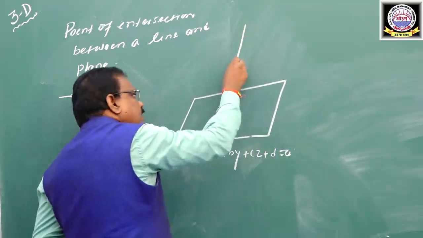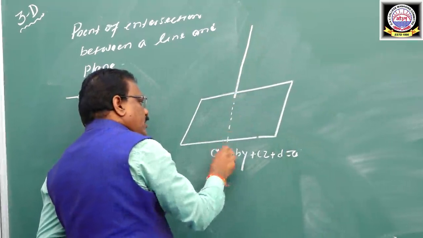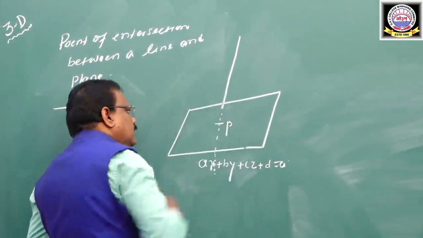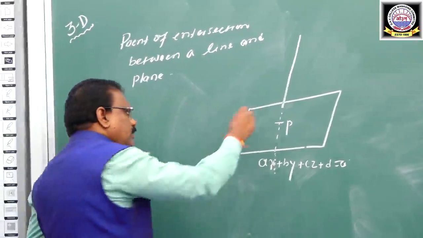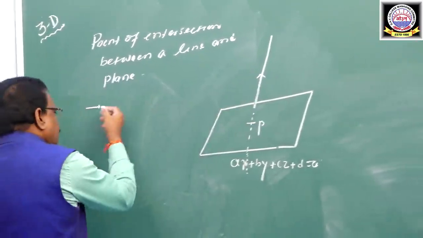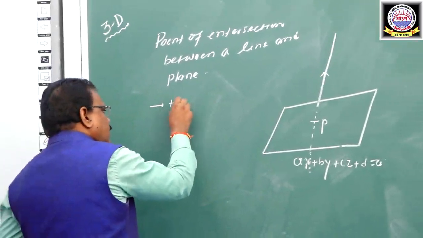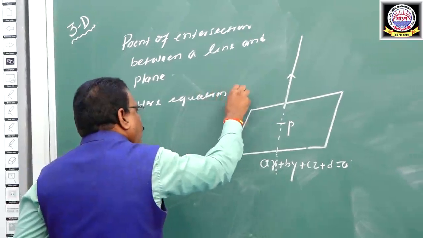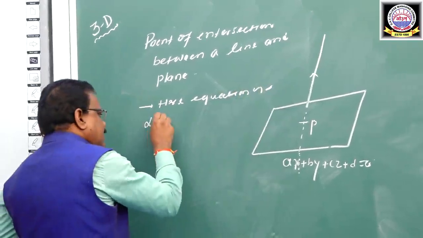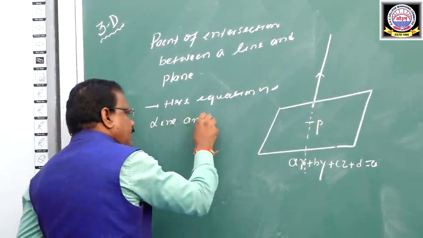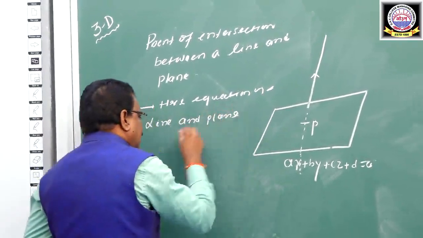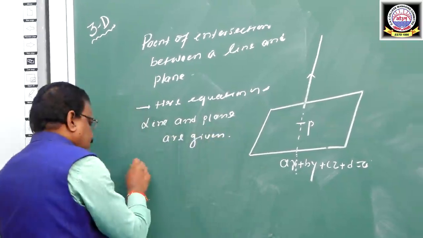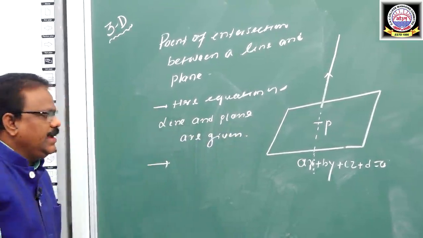Let this be the line and let the point of intersection be P. So what should be given here? The equation of the line and plane are given.